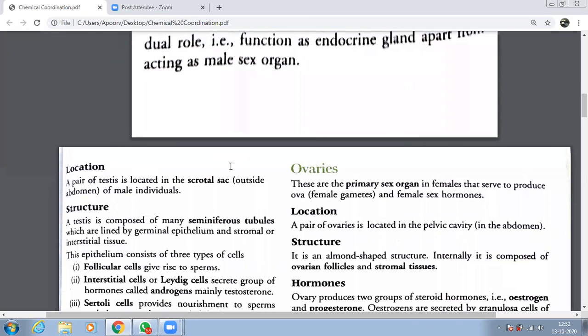Name the changes associated with puberty in males which are caused due to the secretion of androgens. Muscular growth, axillary hairs, low pitch of voice. Name the male accessory sex organs.